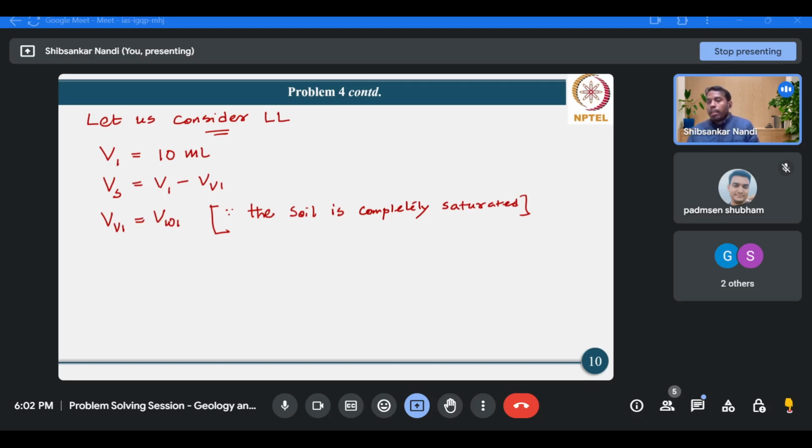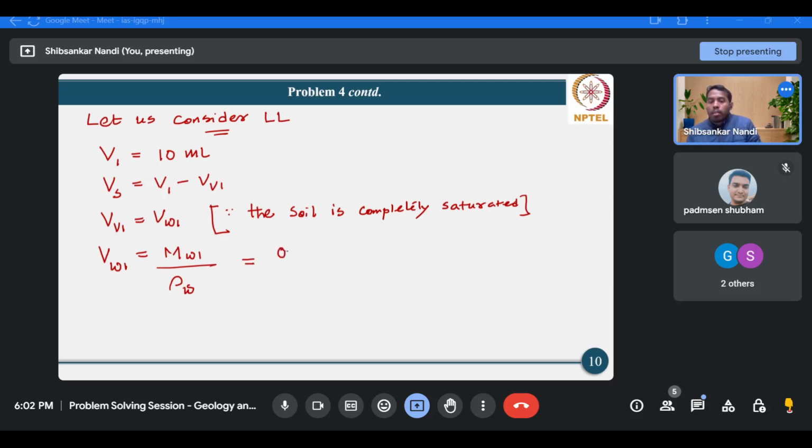Now how can we determine this Vw1? We can determine Vw1 as Mw1 divided by rho W, the mass of water at liquid limit divided by density of water. Now how can we know the mass of water at liquid limit?